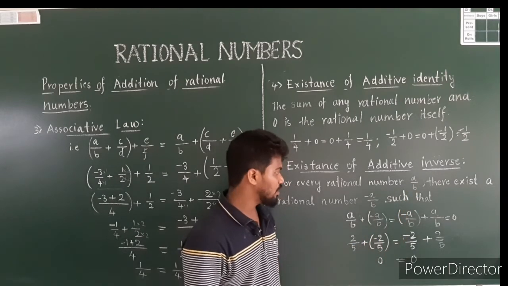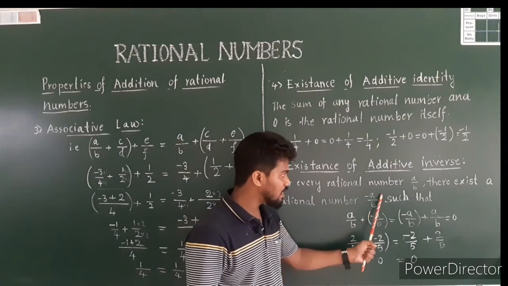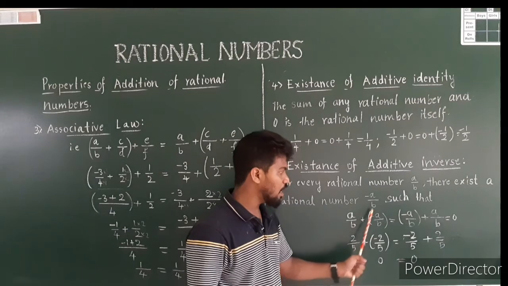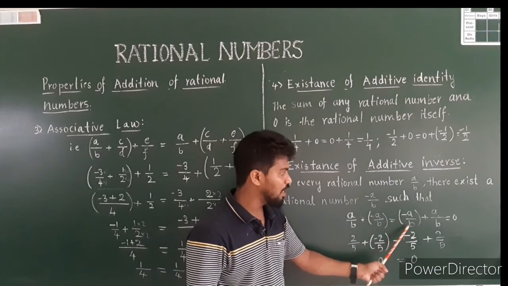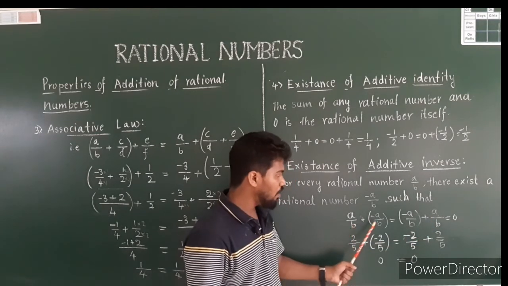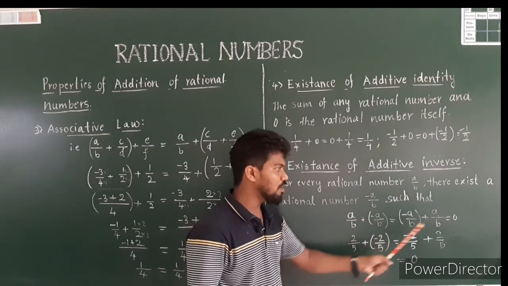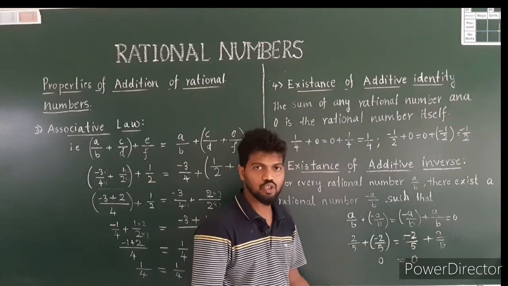Such that A by B plus minus A by B equals 0, and minus A by B plus A by B is always 0.